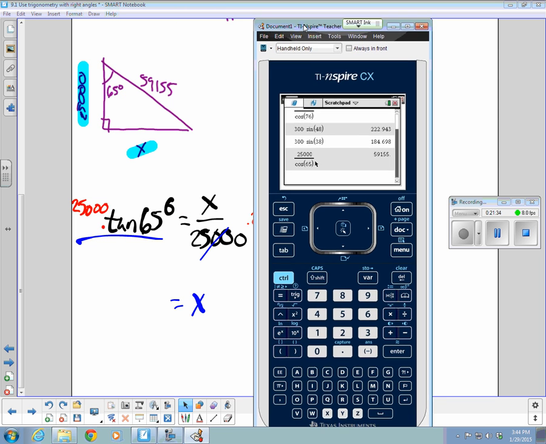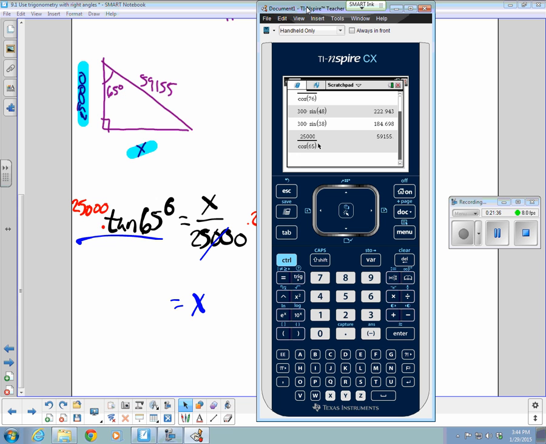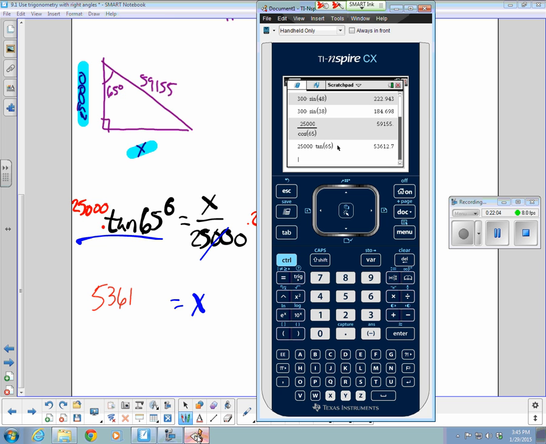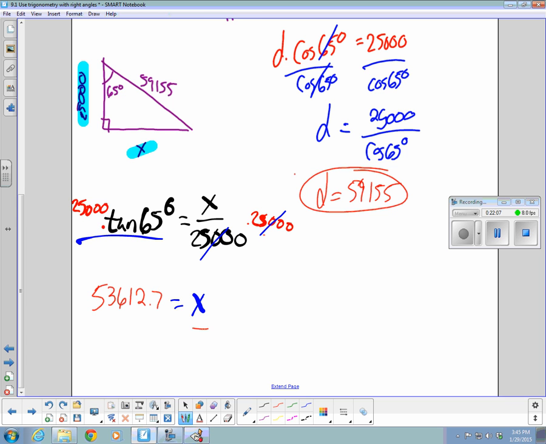So, calculator. 25000 times tangent of 65, enter. I got 53,612.7. Okay, so there you go. That's your B. That's the answer to B right there.